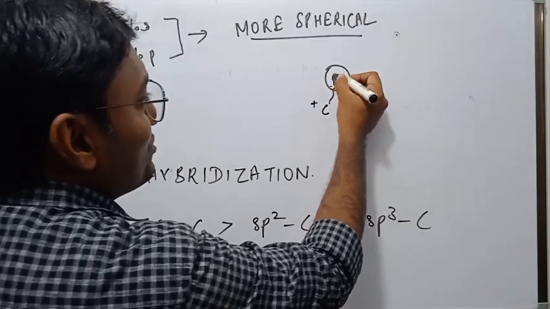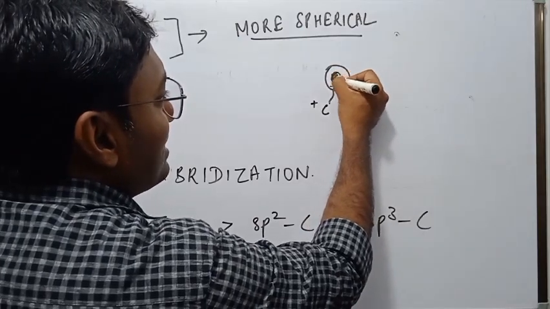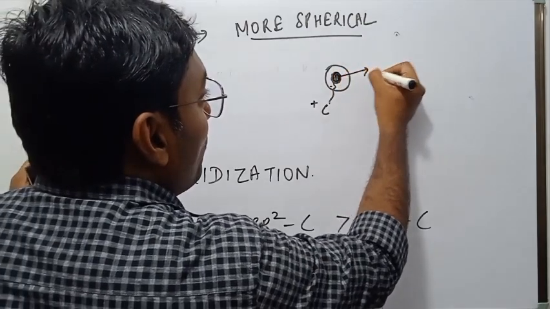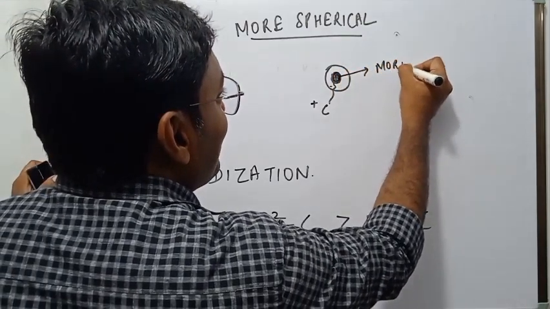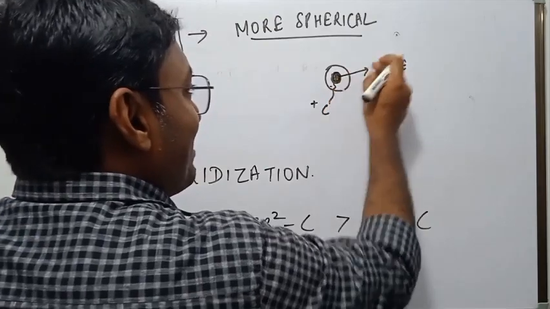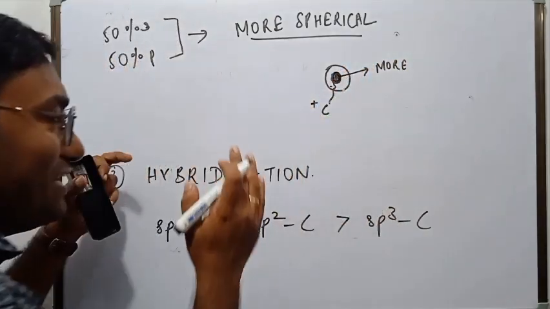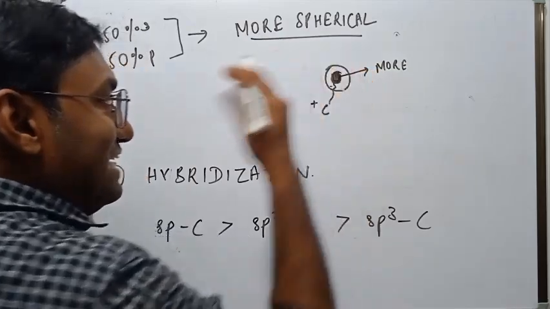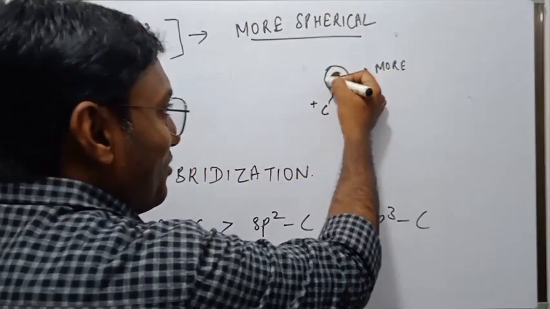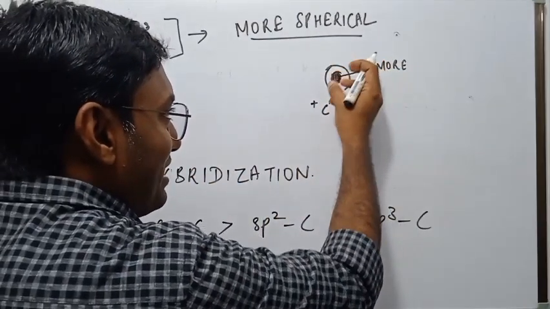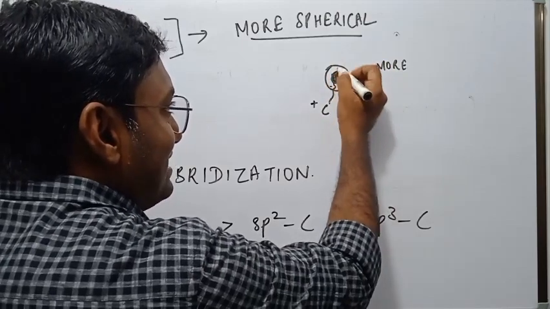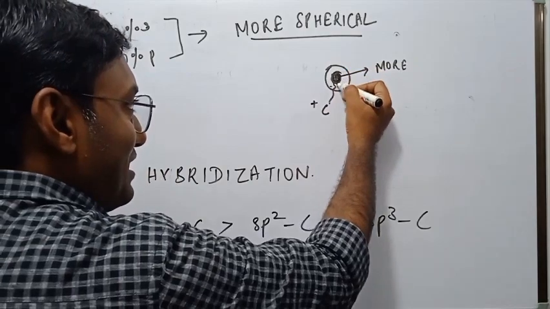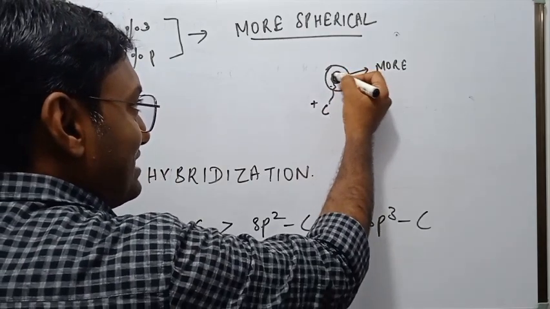So this positively charged nucleus would have more electronegativity, right? The effective positive charge of this carbon increases, because the hybrid orbital that is formed is spherical, it is small, and it is near the nucleus. So the effective positive charge that the carbon nucleus exerts is much more.